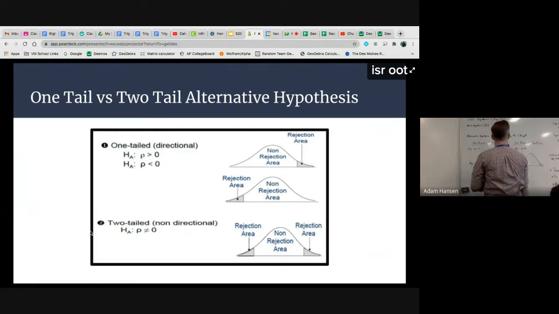So for two-directional hypothesis testing, our alternative hypothesis is that our parameter is no longer equal to some given value. So we test for that significance by putting our significance levels in either tail, either the left tail or the right tail.